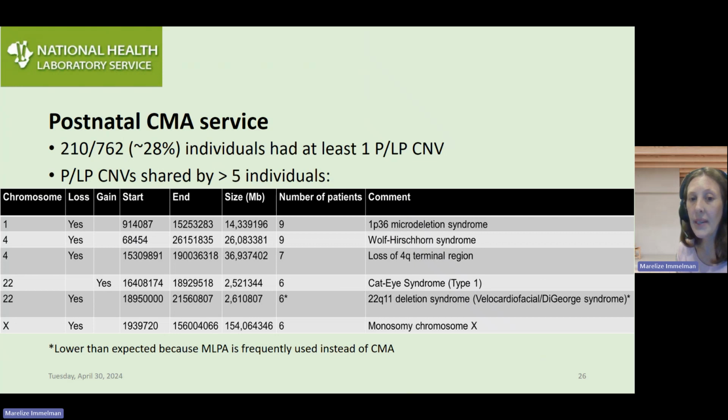were the chromosome 1p36 microdeletion syndrome, as well as Wolff-Hirschhorn syndrome, followed by loss of the terminal end of the long arm of chromosome 4, cat-eye syndrome, DiGeorge syndrome, and then also monosomy of the X chromosome.